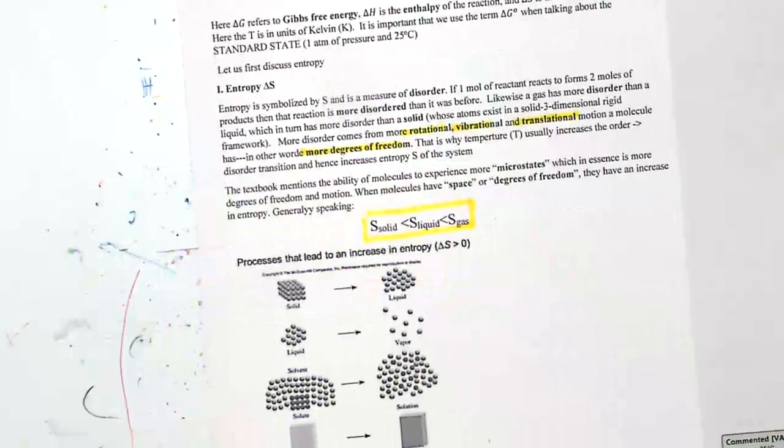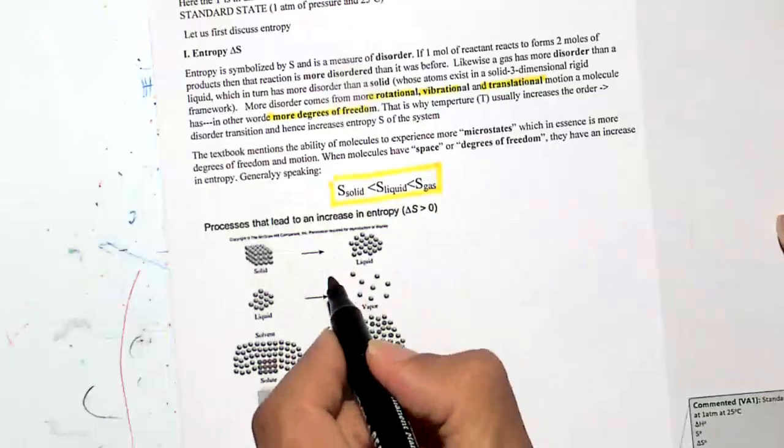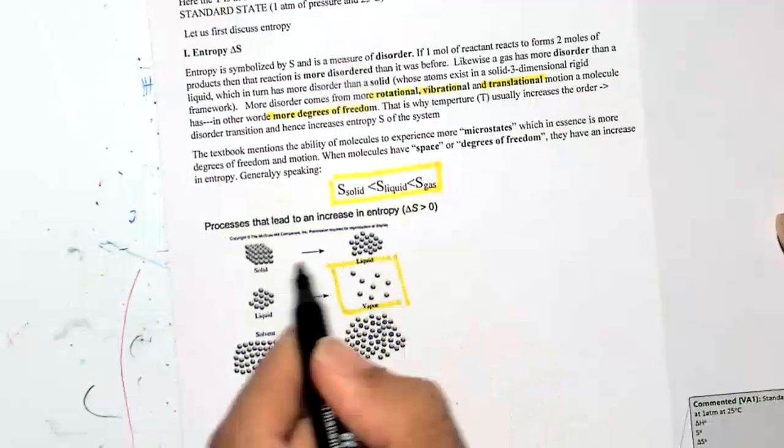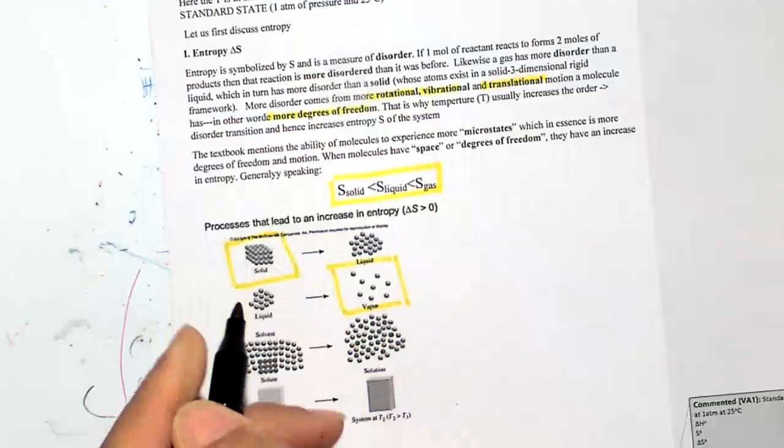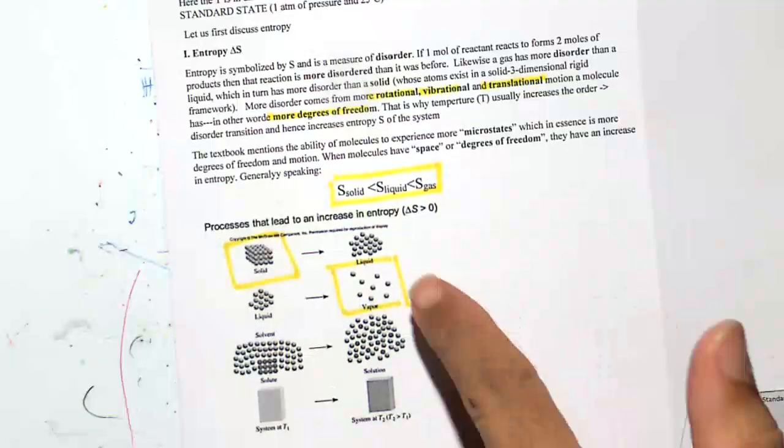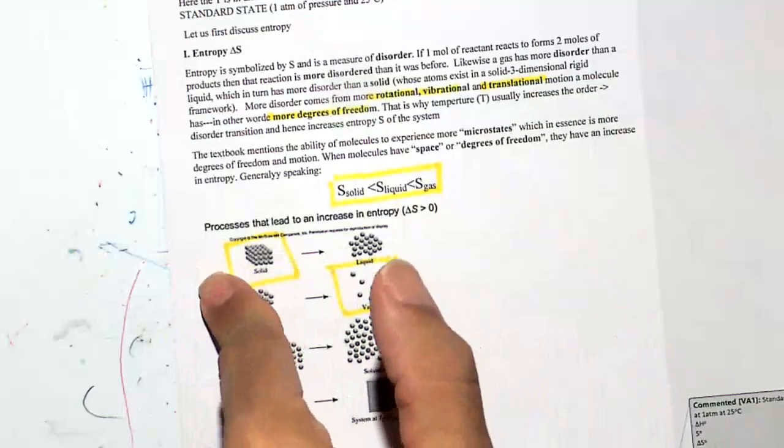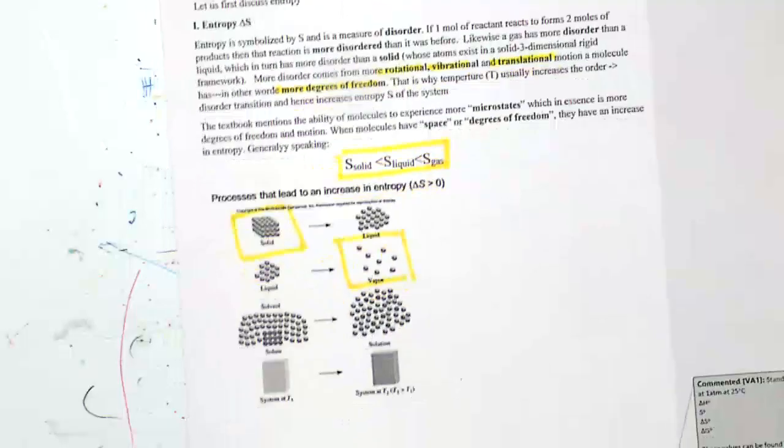Think of a gas, how disordered it is. Think of a solid, how ordered it is. Think of this in terms of entropy. This is more disordered than that. So we're going to put some numbers here, and that's called standard entropy, standard state conditions.